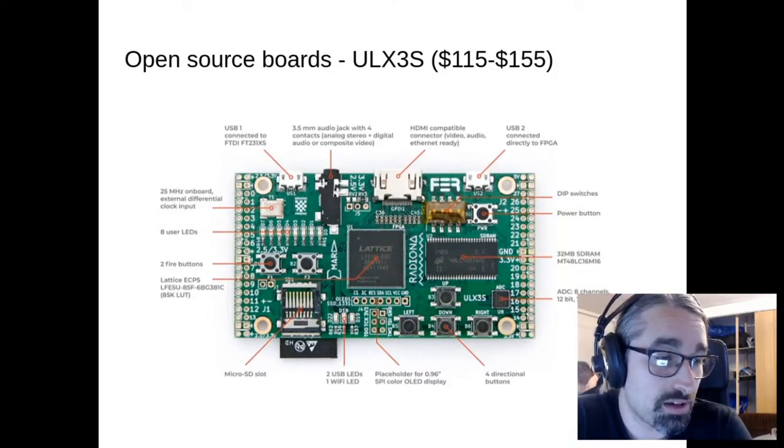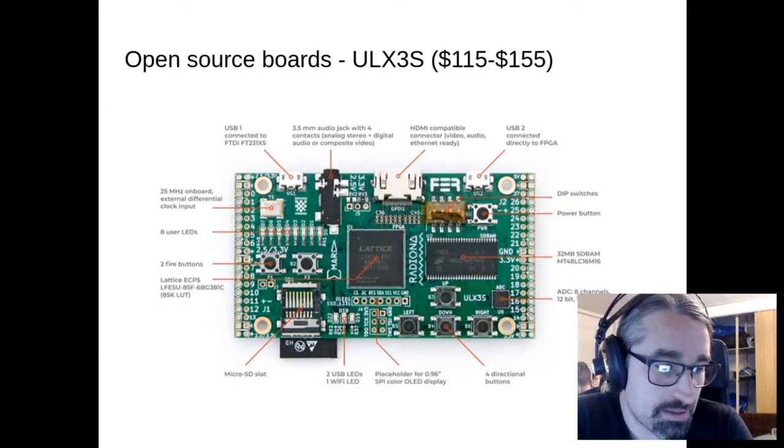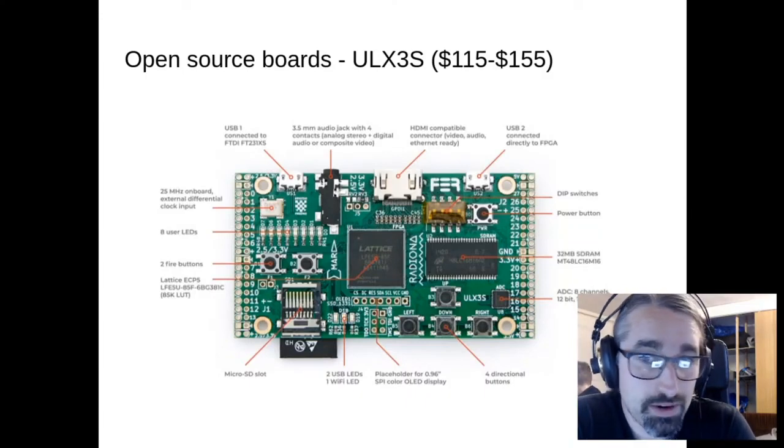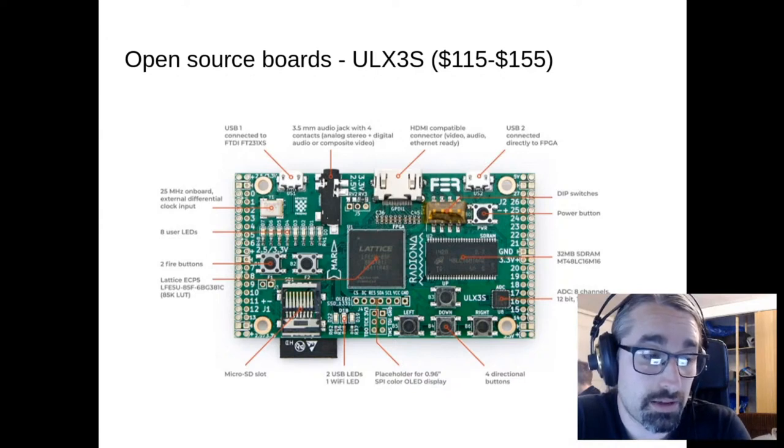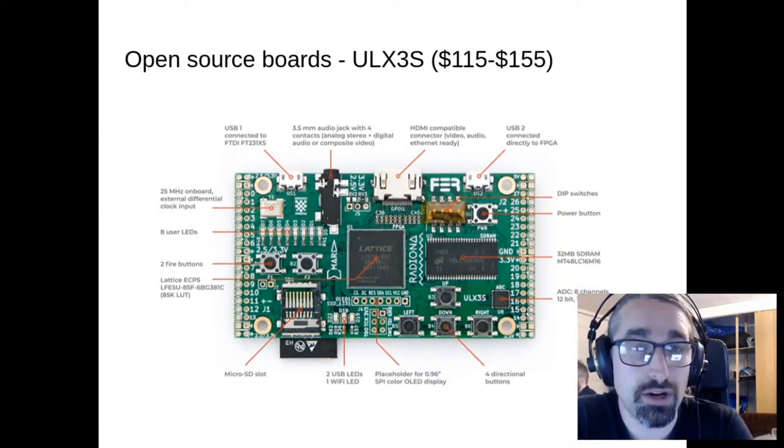HDMI output, a jack, 2 USBs, micro SD, there's Wi-Fi, there's Bluetooth, there's buttons directly, there's SDRAM, and as a matter of fact, people have been already using this to emulate, I think it was a 286 Intel platform, and then running DOS on this, so you could run DOS games on this, and that's properly emulated.